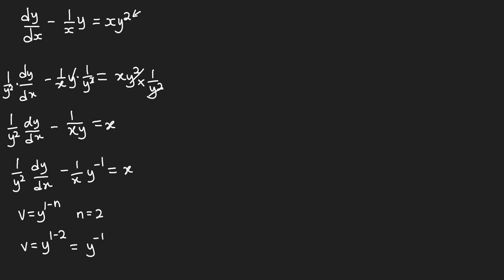From here, we are going to differentiate v with respect to x. We have v equal to y to the power minus 1, so I'm going to differentiate this with respect to x. When we do this, that is going to be an implicit differentiation. So we are going to have minus 1 multiplying y to the power minus 1 and then minus 1 again, then bring our dy/dx.